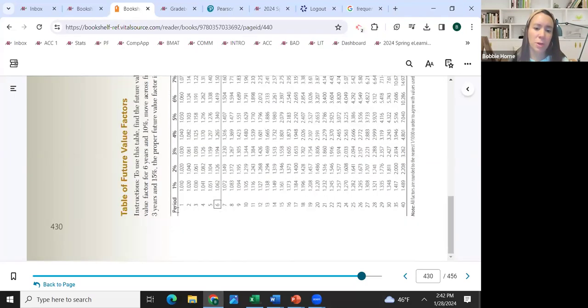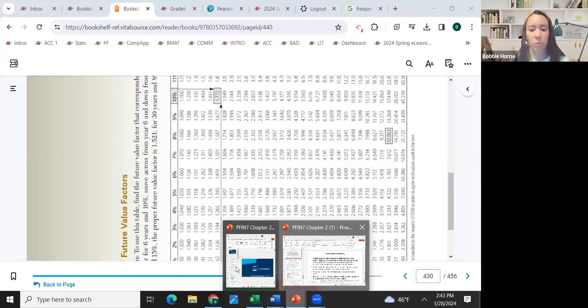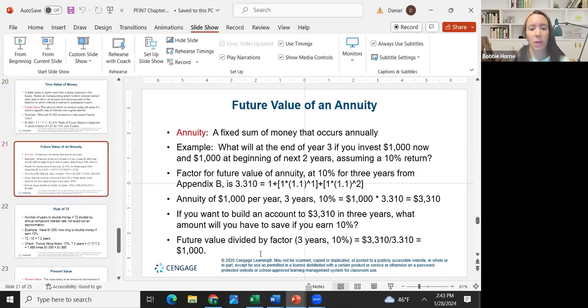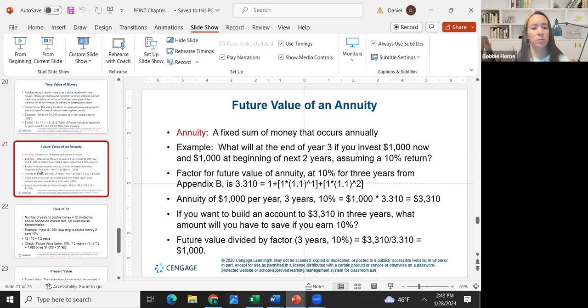So what you do is you go to 2 and then you go across to 10%, and there's your number, 1.21. And if you did that, it's 1,000 times 1.21, and that will give you 1,210. So in 2 years, I can grow it and make 210 extra dollars.